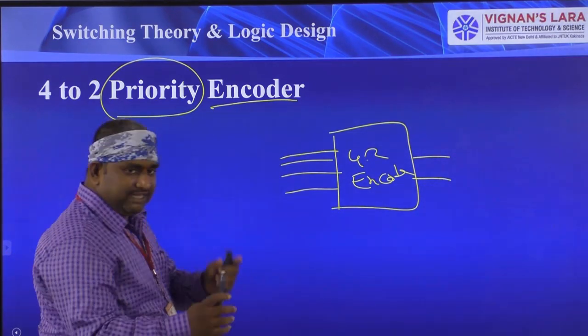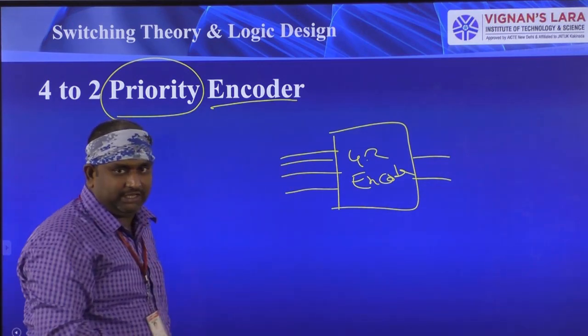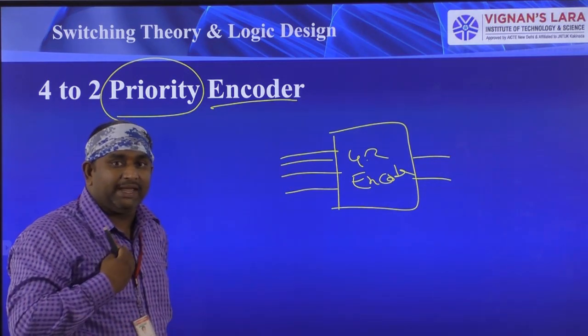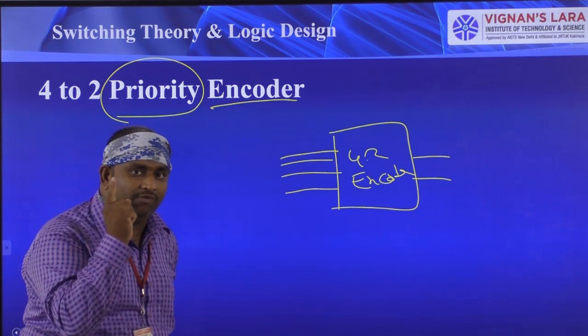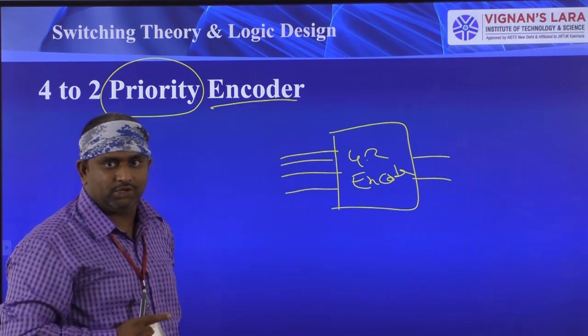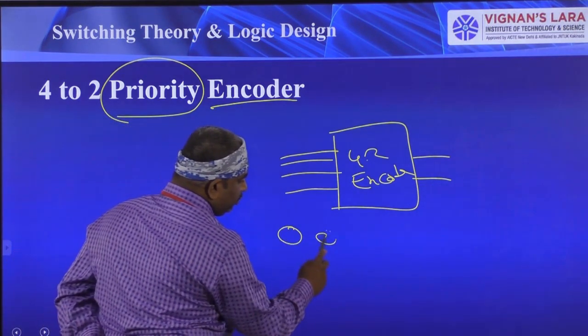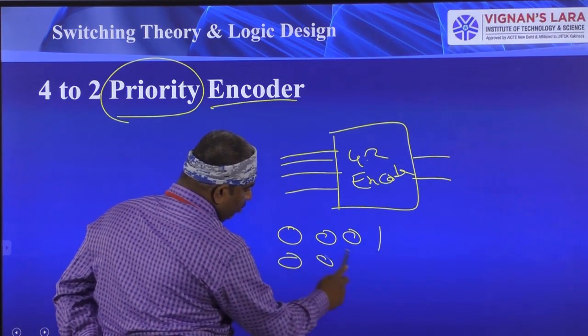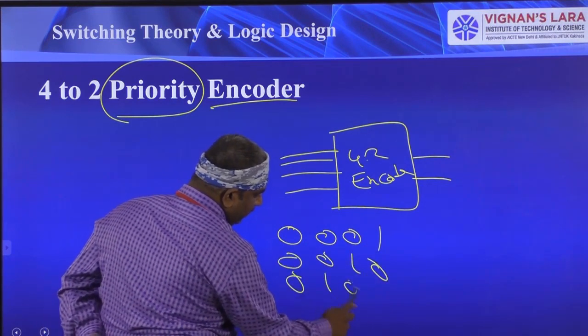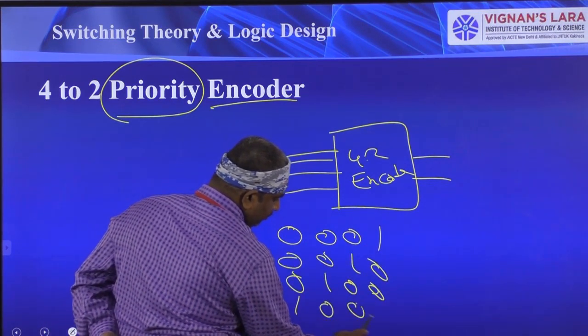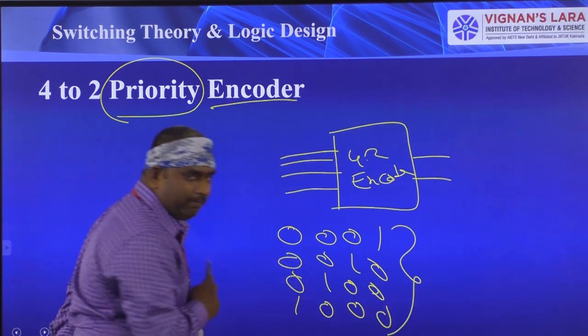So in the same way, see here I have 4 input signals. My condition is that any one of the inputs is going to switch on. So it may be 0001, 0010, 0100, and 1000. You have to take these 4 combinations only.